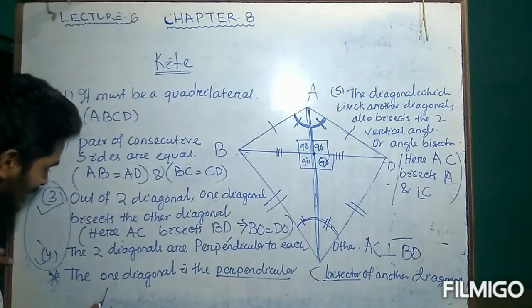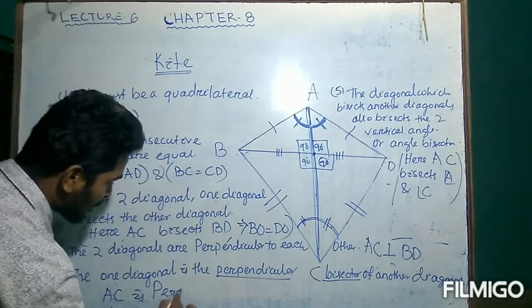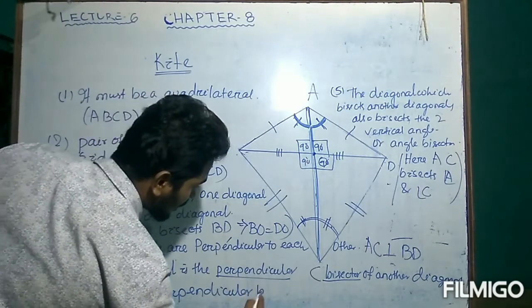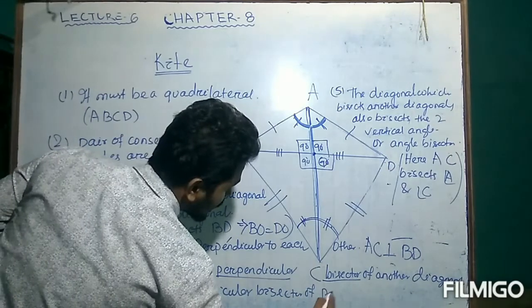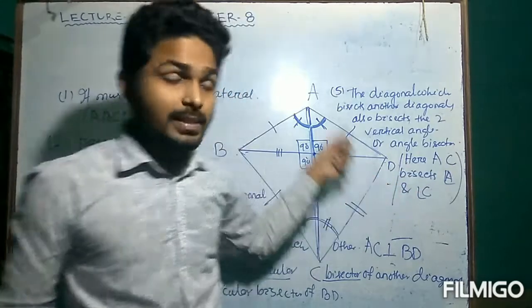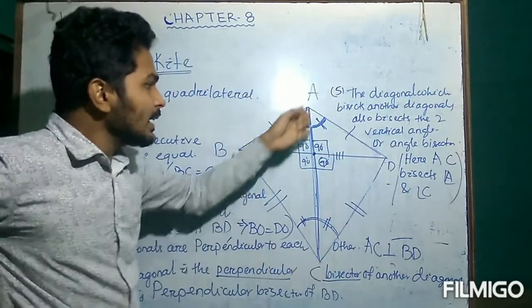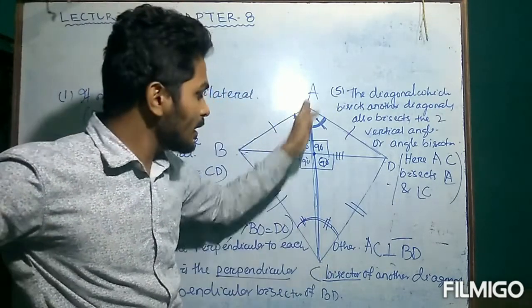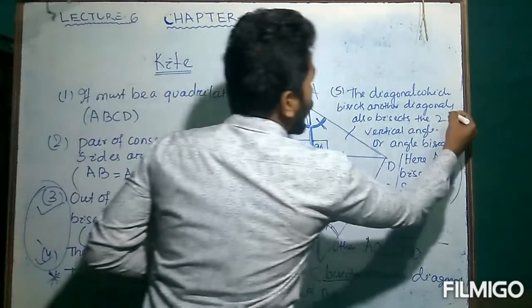So here you can write AC is perpendicular bisector of BD. It means AC bisects BD as well as AC is perpendicular to BD. And the fifth and foremost property is that this diagonal AC bisects the two opposite vertical angles.